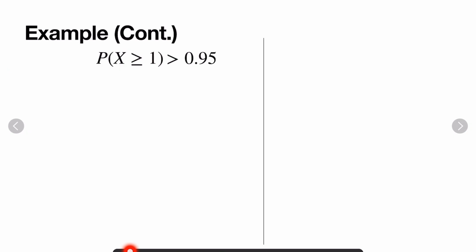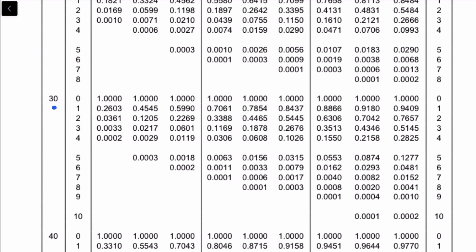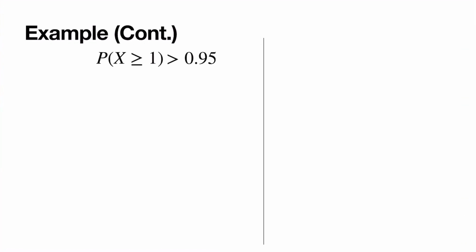How to solve this? So we have the probability of x greater than or equals to 1, greater than 0.95. Okay, if you look at your table, starting with page 1, I guess. Which n? Is it 30? Is it 40? We don't know which one. Okay, so kalau tak ada dalam table, kita ada satu lagi apa? Formula. So use the formula.